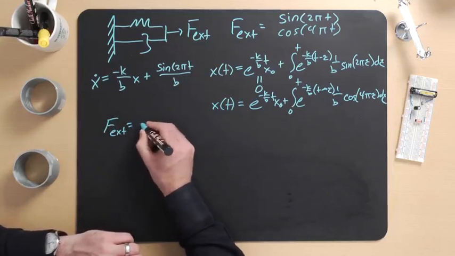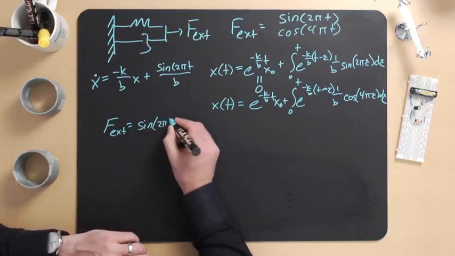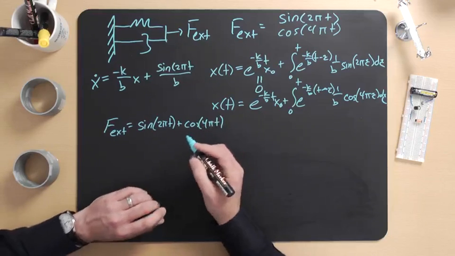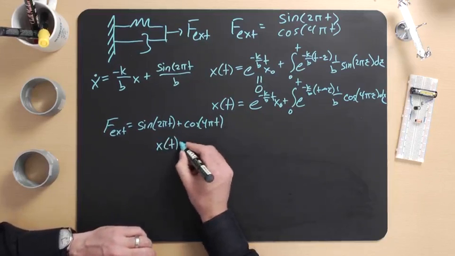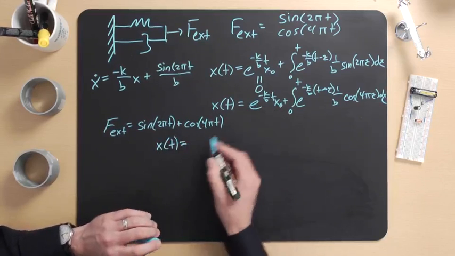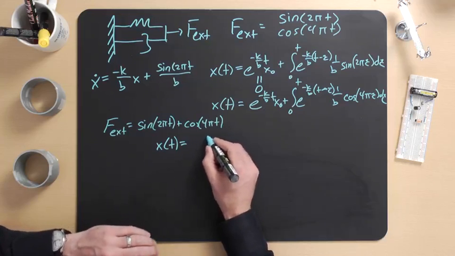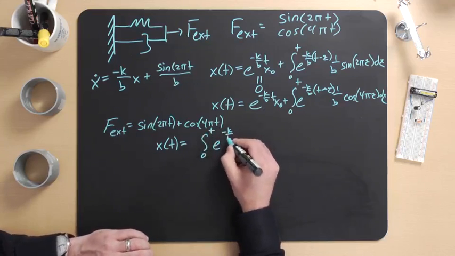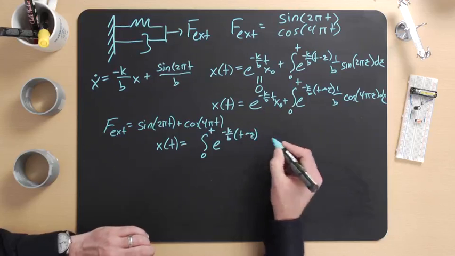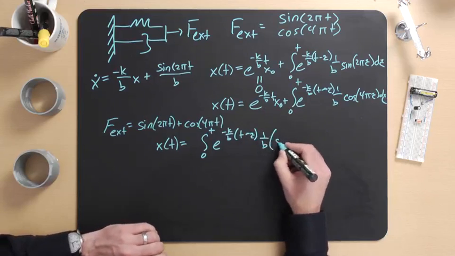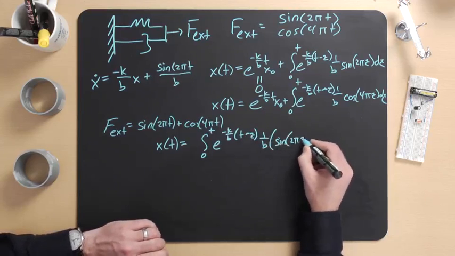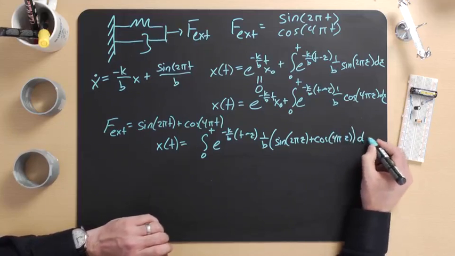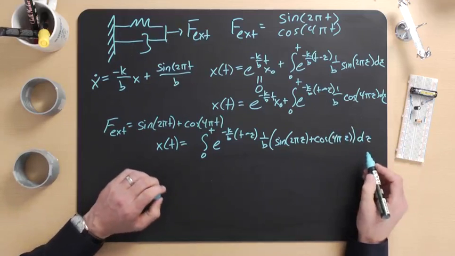So if we have F external is equal to sine 2 pi t plus cosine 4 pi t, then x of t is going to be equal to, and I'm going to ignore the transient response, and just look at the steady state response, the integral from 0 to t e to the minus k over b (t minus tau) times 1 over b times sine 2 pi tau plus cosine 4 pi tau all times d tau. Now what is this expression equal to?